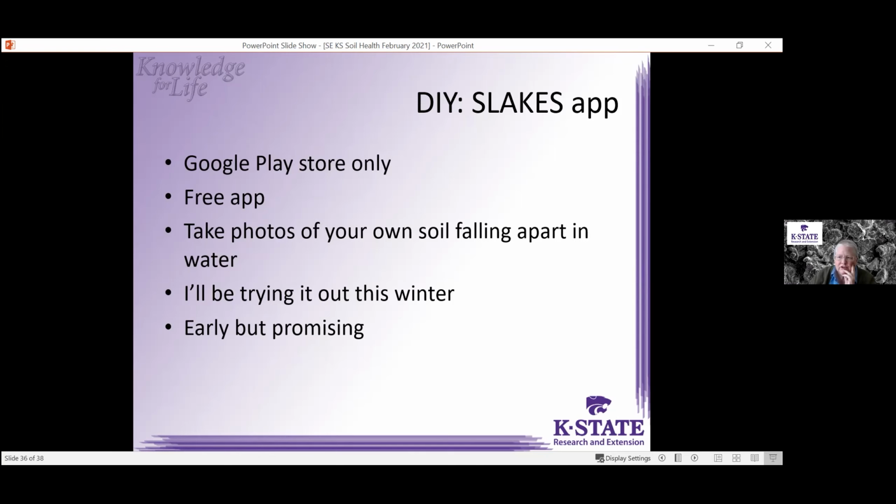Okay, yeah, it sounds really interesting. So it gives you a measure of how fast your soil is falling apart. Yeah, it gives a stability index number of, I think 1 is good and 20, like it says when the results say, oh, this is a very stable soil, or this is a very unstable soil. And it has you use three different pea-sized pieces from the same sample, so that you're not just doing one.